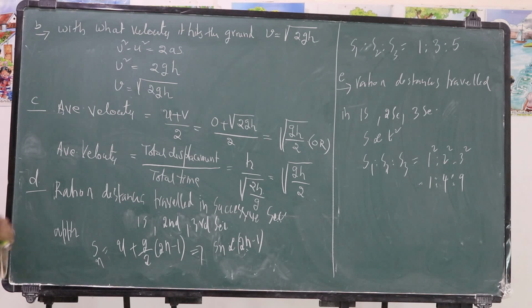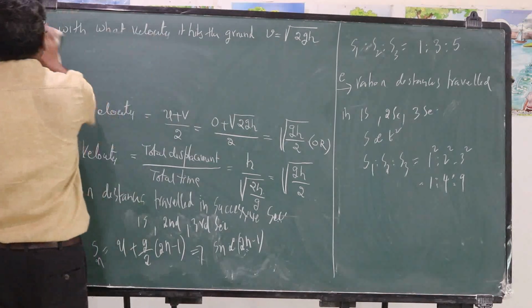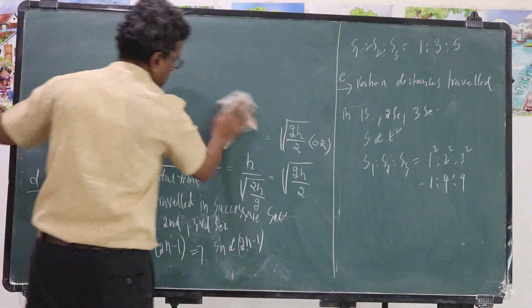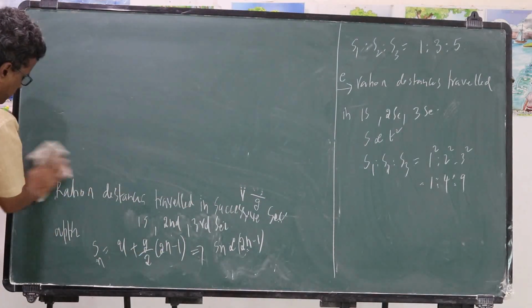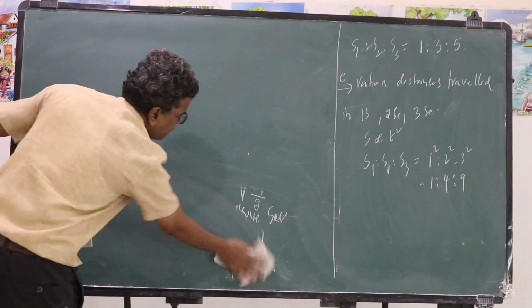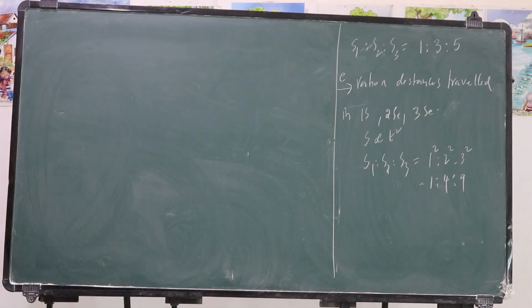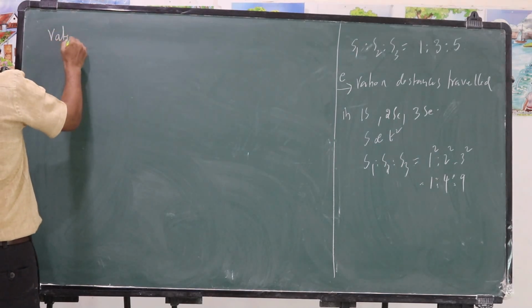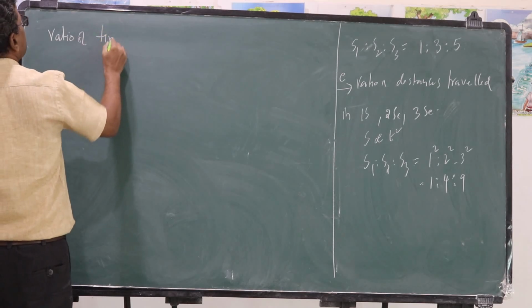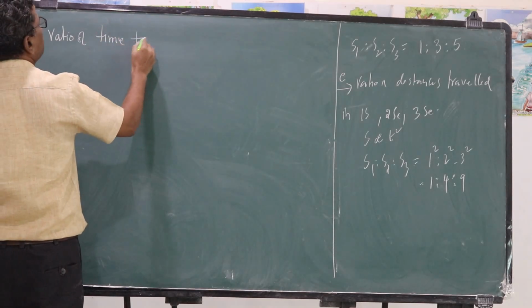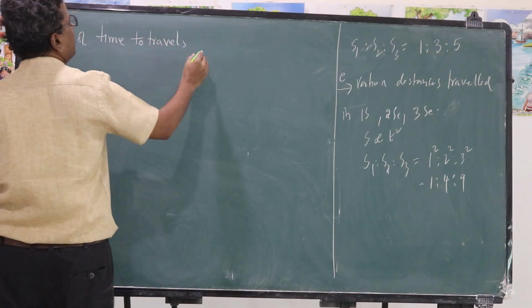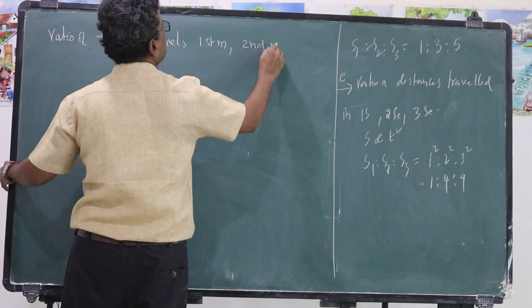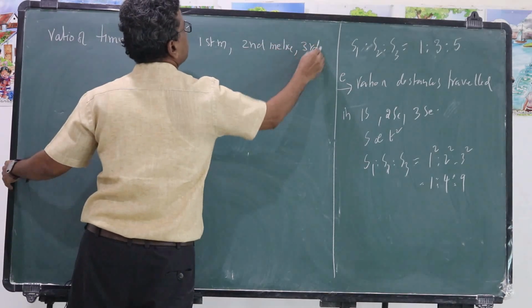So what is the next one? Ratio of times to travel the first meter, second meter, third meter and so on.